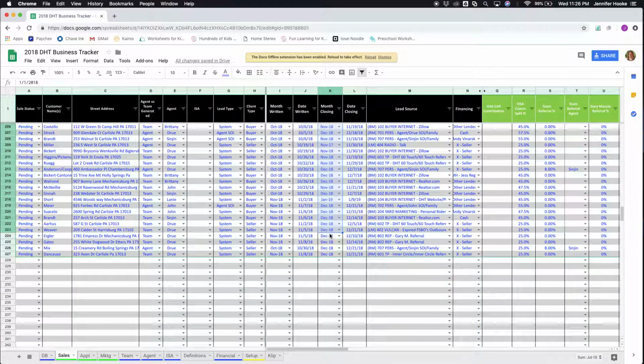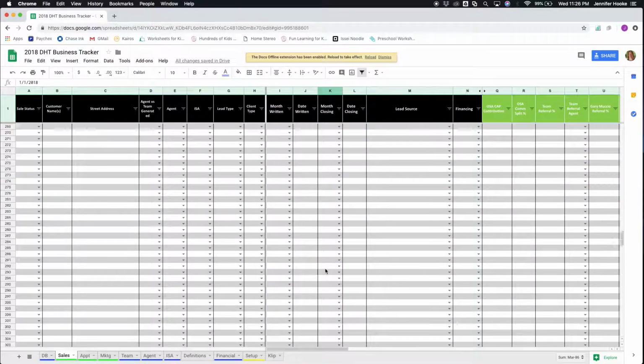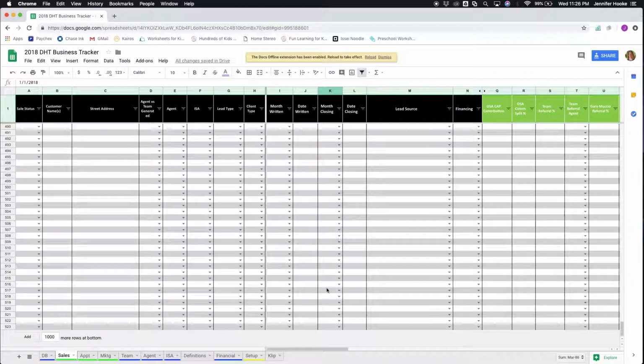Now, what we could do, we could change it to 227, and that would make it include the whole way down to the bottom. But the problem with that is when you put in transaction 228, the formula on the dashboard is going to be wrong again because it's not going to include that 228. So what you can do is just expand the formula so that it includes literally all of the rows.